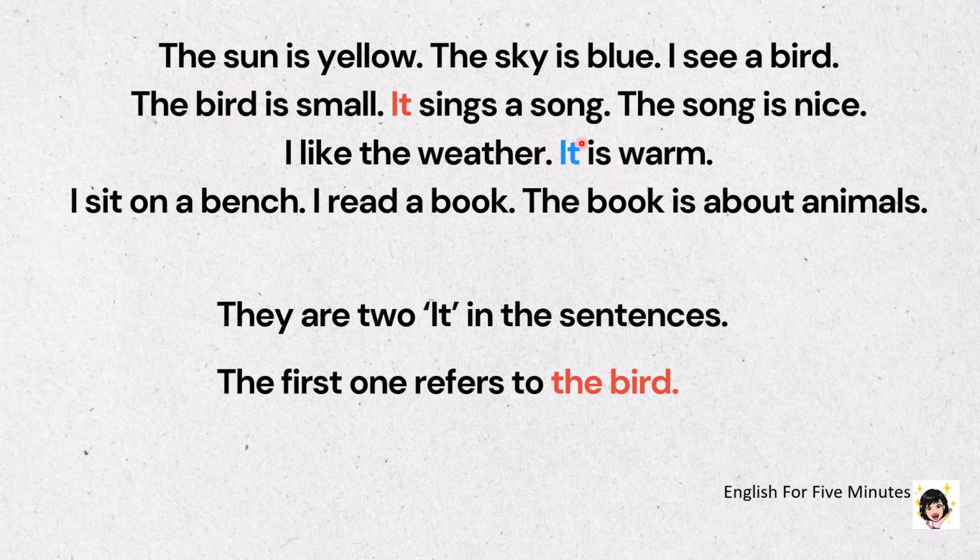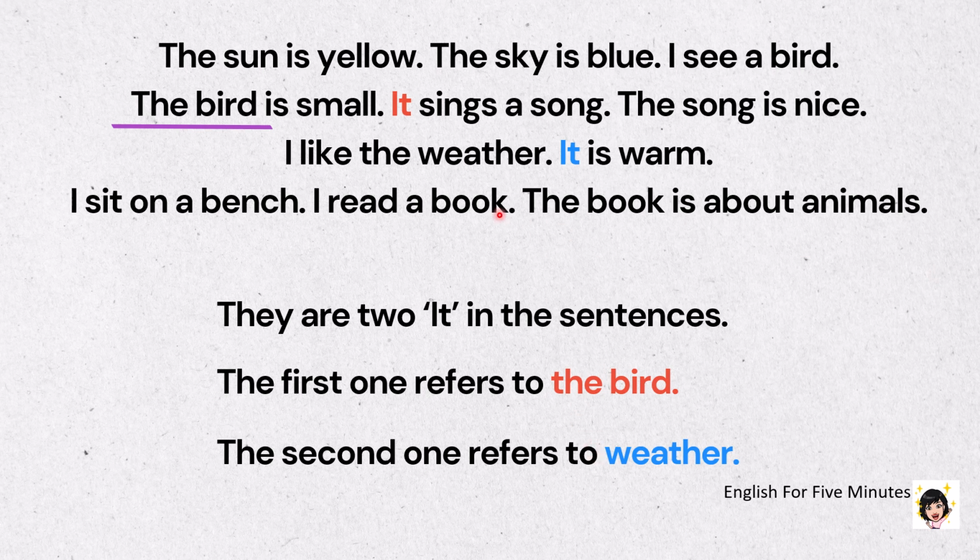How about the second it? The second refers to the weather. I like the weather. It is warm. So it in here is about the weather, while it in here is about the bird.